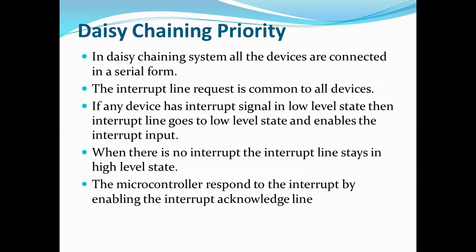Daisy chaining priority. In the daisy chaining system, all the devices are connected in serial form. The interrupt request line is common to all the devices. If any device has the interrupt signal in a low level state, then the interrupt line goes to the low level state and enables the interrupt input. When there is no interrupt, the interrupt line stays in a high level state. The microcontroller responds to the interrupt by enabling the interrupt acknowledgement.